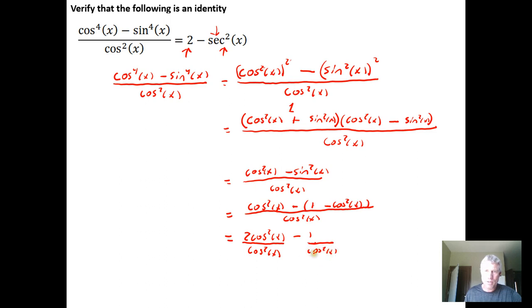Cosine squared of x, and cosine squared divided by cosine squared is 1, so 2 times 1 is 2, minus 1 over the cosine squared is the secant squared of x, which is what we needed to show.